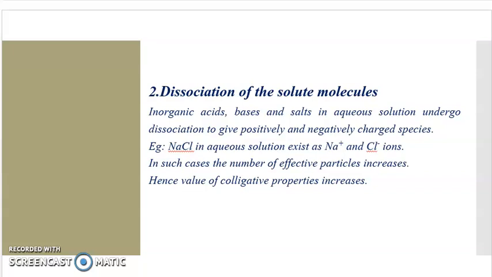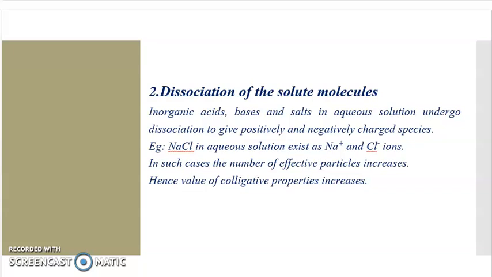As the quantity of solute in solution increases, what will happen to the colligative property? The colligative property also increases, because the quantity of solute and the colligative property value are directly proportional. So the number of solute particles increases and the colligative property also increases. These are the causes of abnormalities.